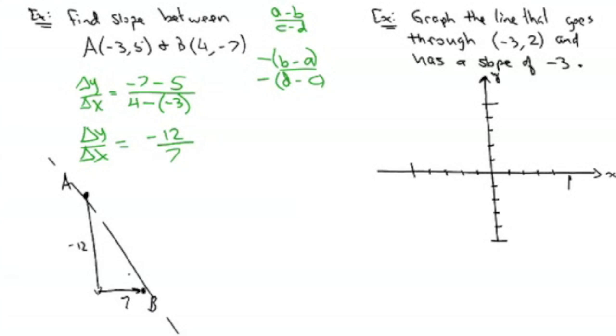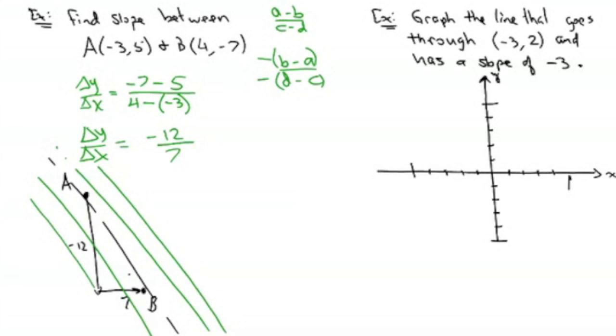All right, how do I graph this line? Where do I start? Do you start with the slope or the point? The point. A slope by itself means absolutely nothing. For instance, this slope here is -12/7. Well, how many lines have a slope of -12/7? Well, this one for sure, it goes through A and B. But this one would also have a slope of -12/7, and this one, and this one.